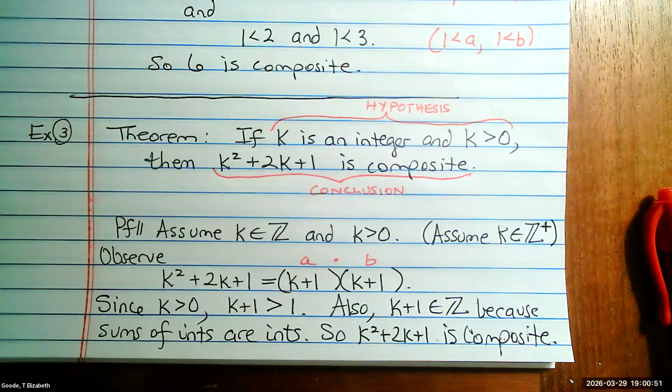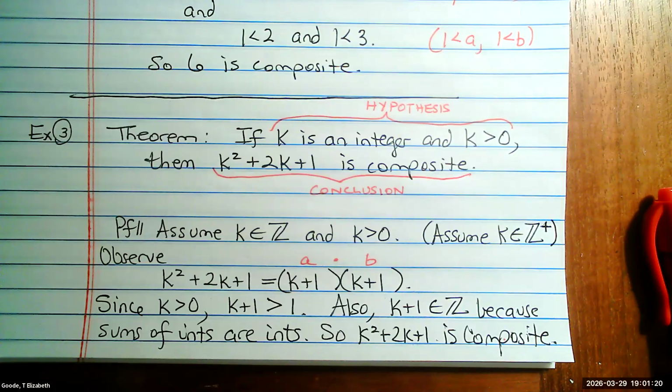There exists a positive integer n such that n squared plus 3n plus 2 is prime. That's false. The negation is for all positive integers, n squared plus 3n plus 2 is not prime. And in fact, here it's actually going to be composite. So if n is a positive integer, then n squared plus 3n plus 2 is not prime.